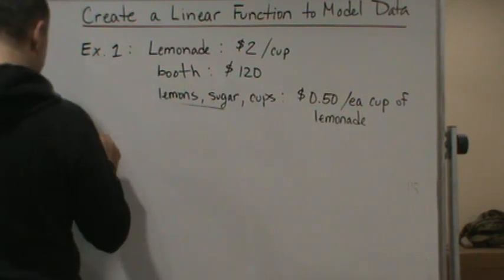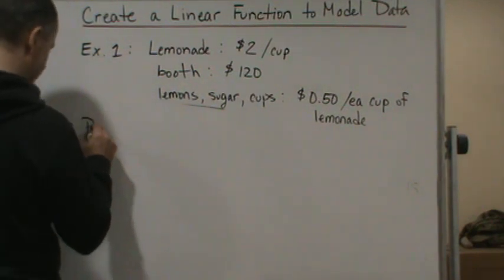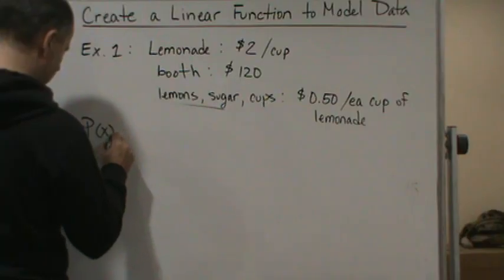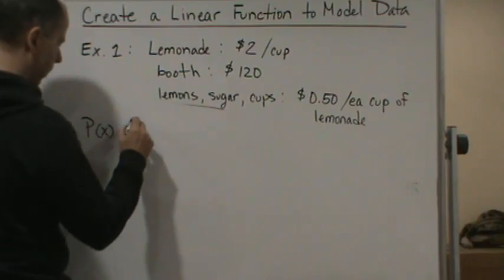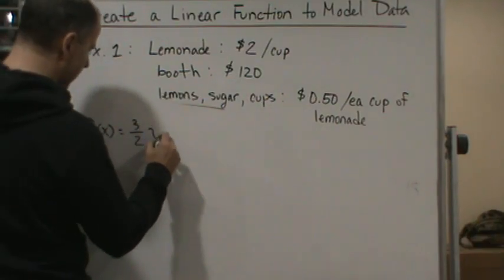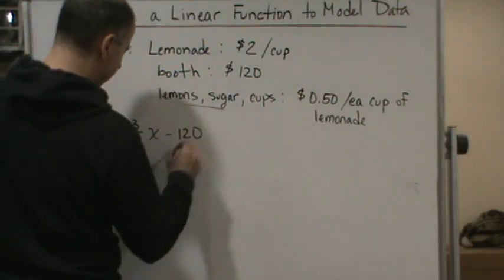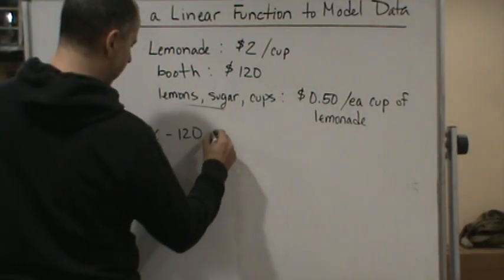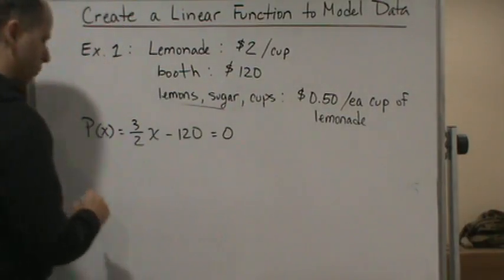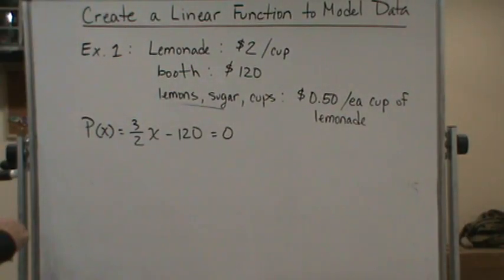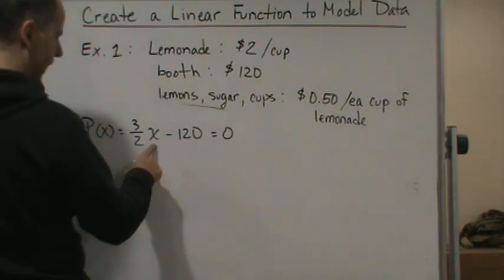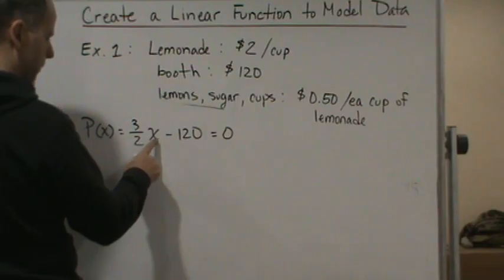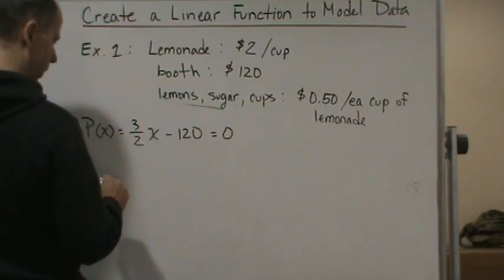So if I take my profit function, which is equal to 3 halves x minus 120, and I'm saying, okay, at what point would my profit be equal to 0? And so at this point, all I have to do is solve for x, which is the number of cups of lemonade I need to sell.